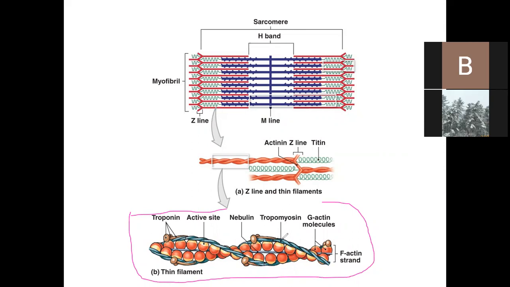If you remember, I said those are regulatory proteins and I told you how they interact. Then we have actin itself, which forms this kind of helical structure. Then we are going to see nebulin. Nebulin holds the two together.